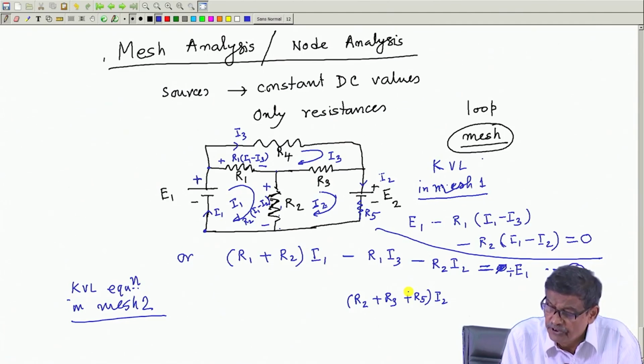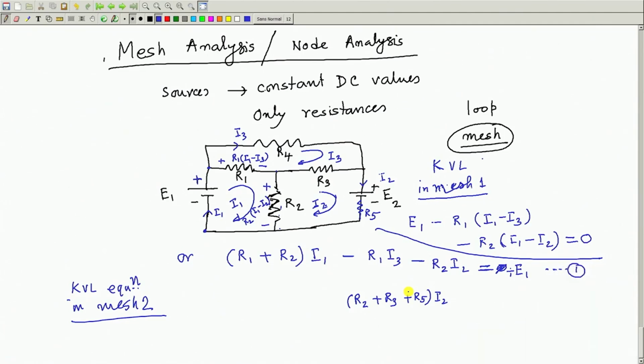Will there be a coefficient in mesh 2 of I 1? Yes, there is a common resistance, and that will be minus R 2 into I 1, plus this.